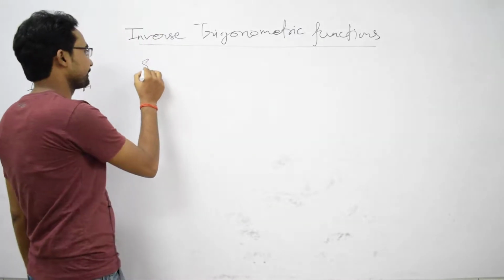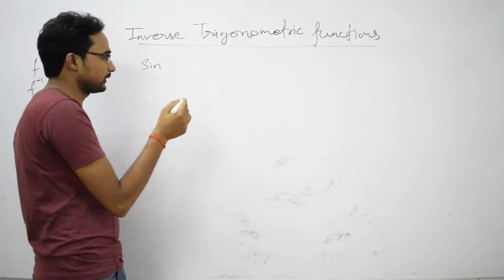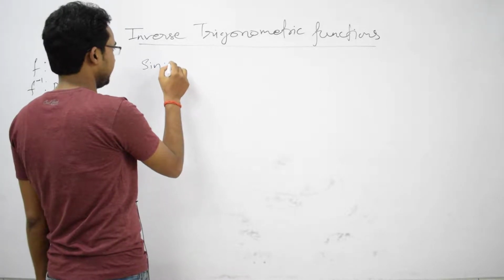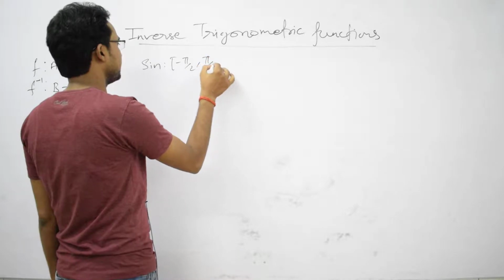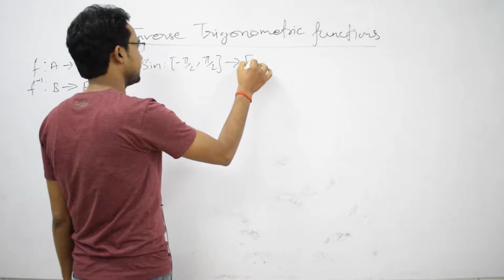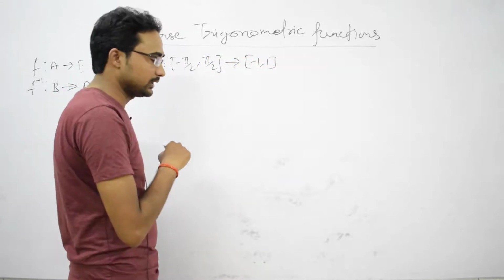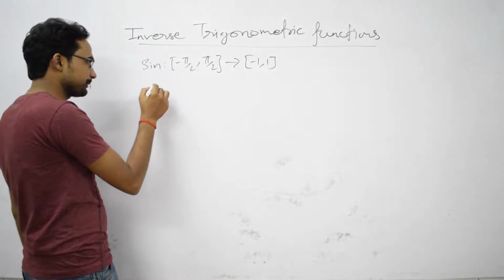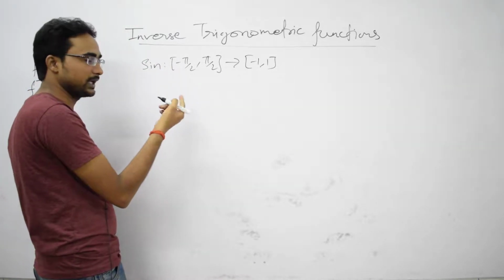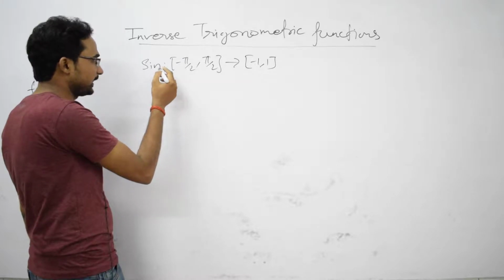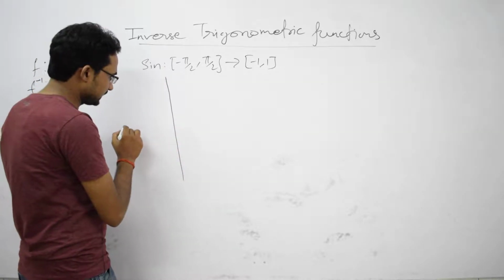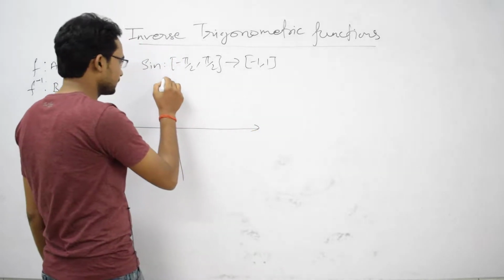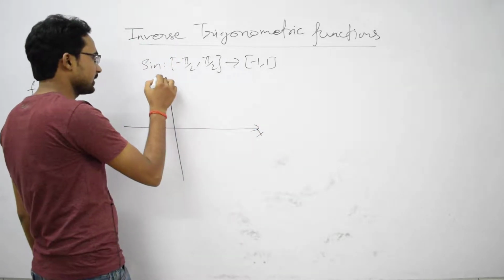So, for sine, first of all we have to make the graph of sine. Sine is defined from minus pi by 2 to plus pi by 2, and the range is minus 1 to 1. Now, let us make the graph of sine, and after that we will make the graph of sine inverse by understanding the graph of sine. Okay, this is the x axis and this is the y axis, x and y.